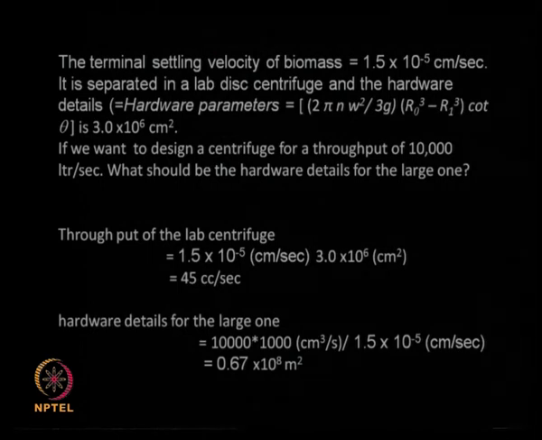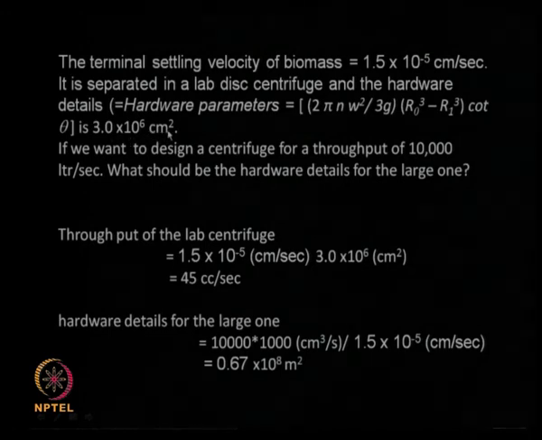Now the terminal settling velocity of a biomass is given here, 1.5 into 10 power minus 5 centimeter per second. It is separated in the lab using a disc centrifuge, and the hardware parameters are 2 pi n omega square by 3g, into r naught cube minus r1 cube cot theta. Now this is equal to 3 into 10 power 6 centimeter square.